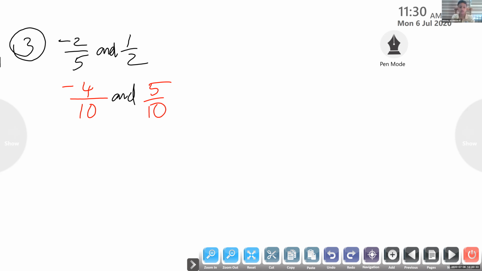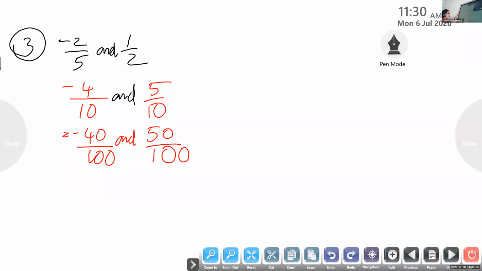Then we can multiply both by 10, so negative 40 by 100 and 50 by 100. Okay, now you can write any 5 rational numbers.